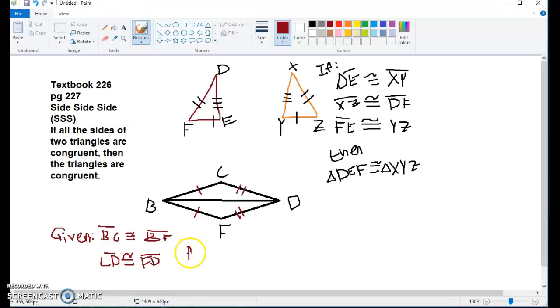We need to prove that triangle BCD is congruent to triangle BFD.